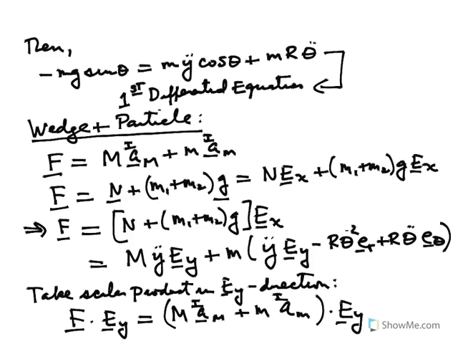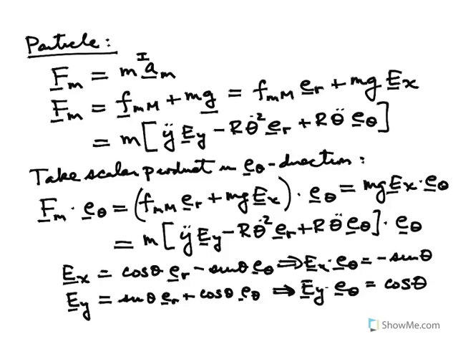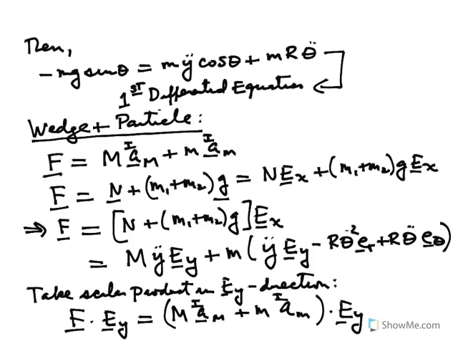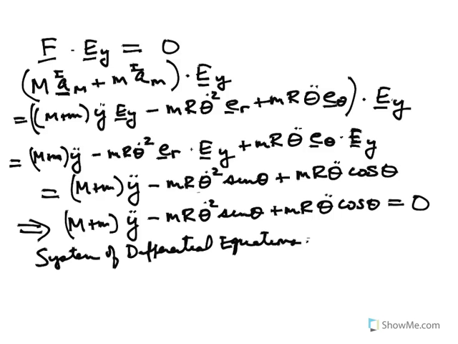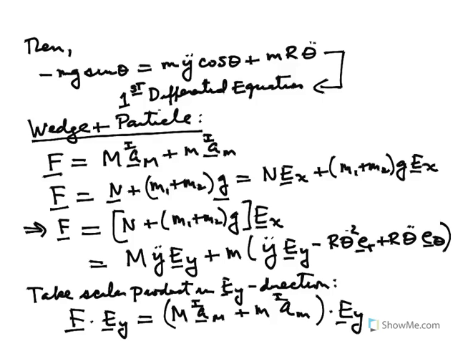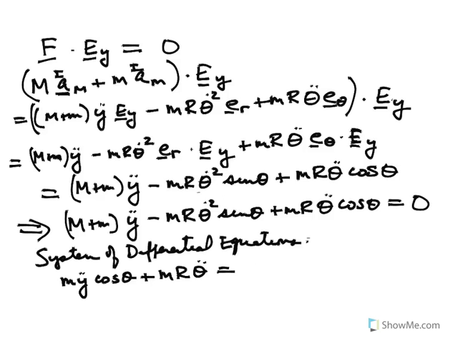The previous one was the one we got: m y double dot cosine theta plus mr theta double dot, and actually we can put all that on one side, plus mg times the sine of theta, and that equals 0.